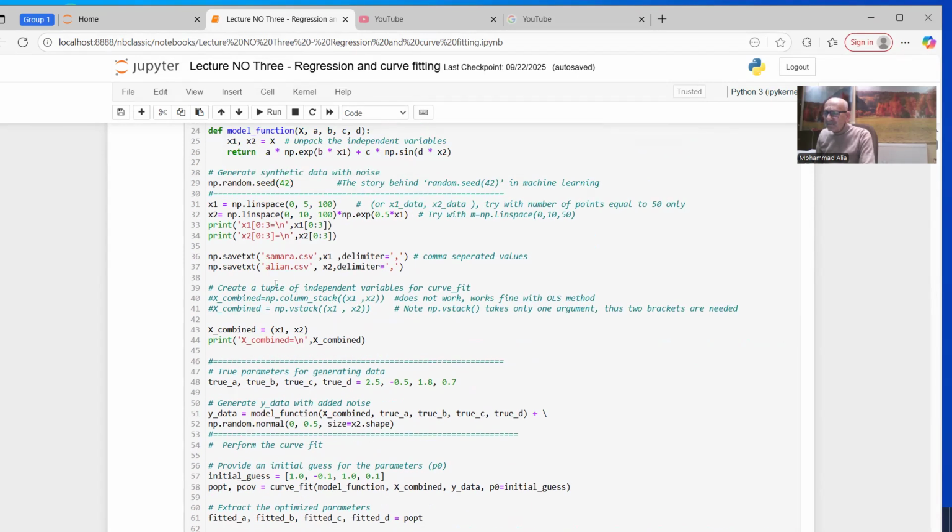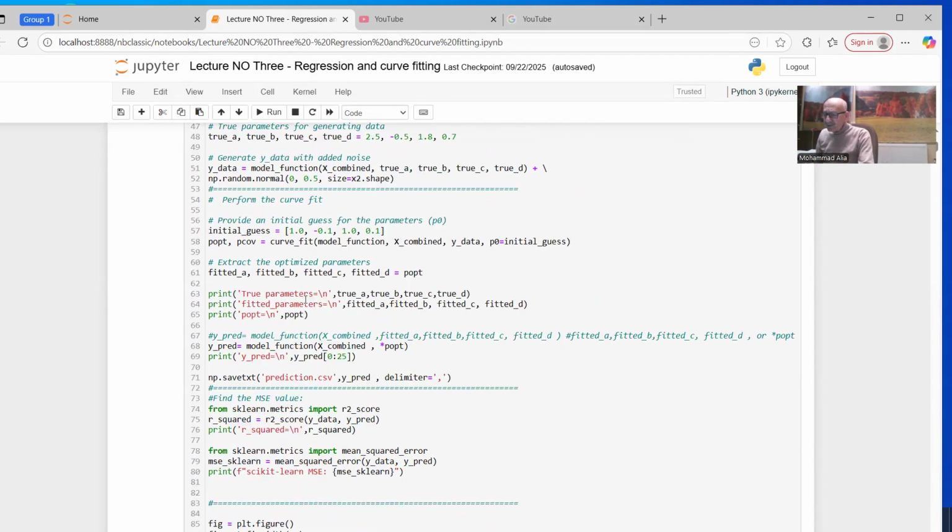Here, look. In this example, which we discussed in the previous lecture, I used the NumPy savetxt function. I saved it with the name Samara CSV. The array was x1, and the other array, x2, was also saved there to be used in the regression process.